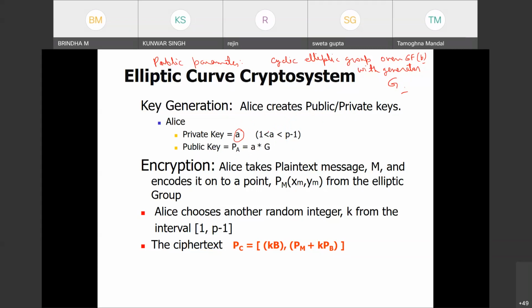Then the public key will be AG. G is the generator. If, let's say, you choose 101, your public key will be 101G. So you are adding G 101 times.